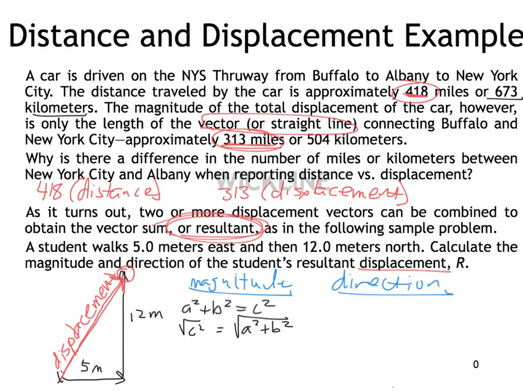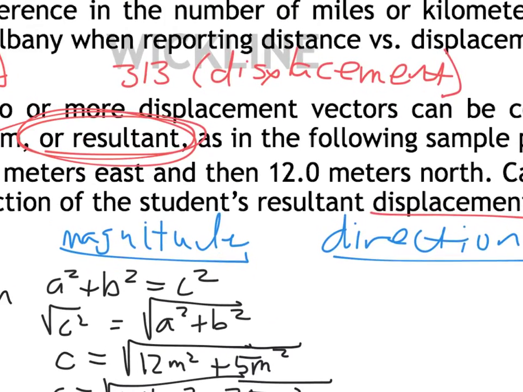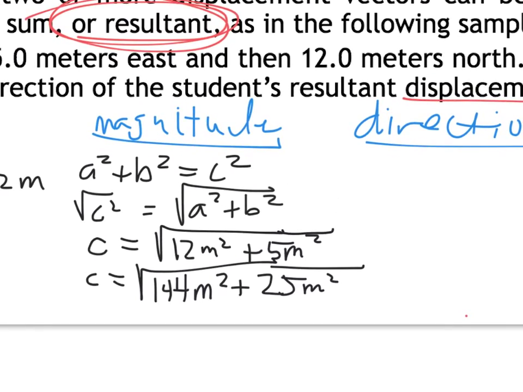So that wasn't too bad. I just took the square root of two sides. And now I'm going to plug in. I'm going to zoom in a bit to do that last little piece. And I would say that C is going to be the square root of 169.